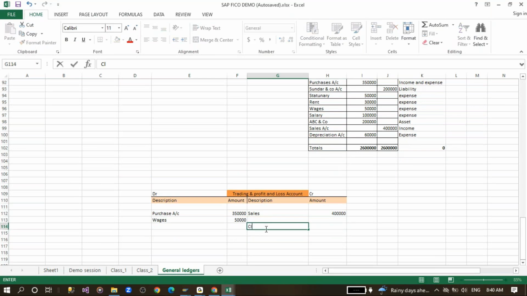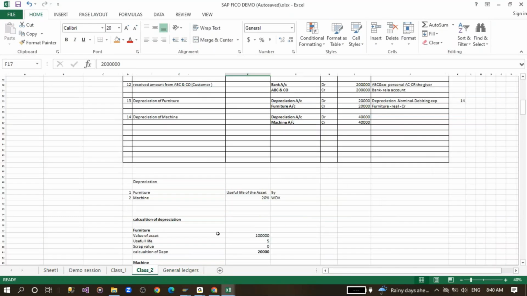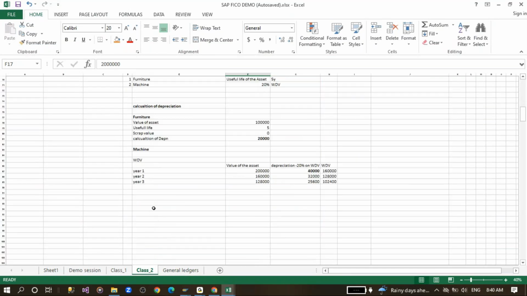And what is your closing stock? The closing stock as on 31st March 2026 is, suppose say, 4 lakhs.